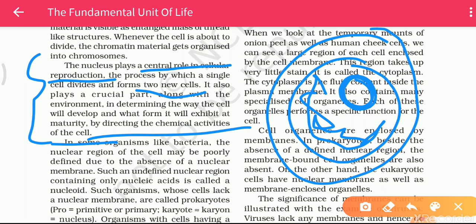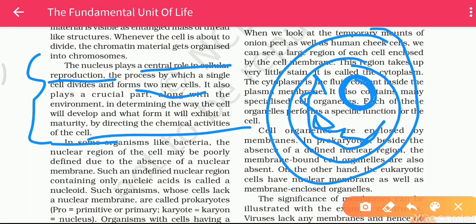Second, the nucleus plays an important role in cell division, and it is also called the control center, because it can control cell metabolism and cell activities. Then, the nucleolus plays a very important role in the formation of ribosomes. The nucleolus is present inside the cells.